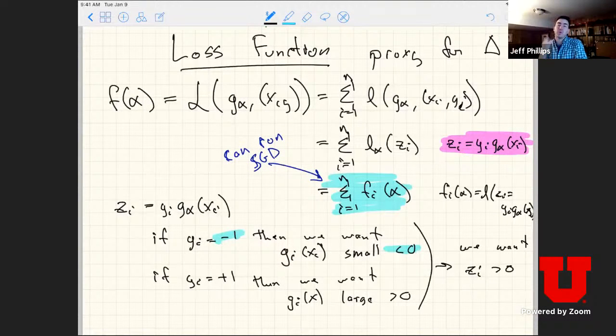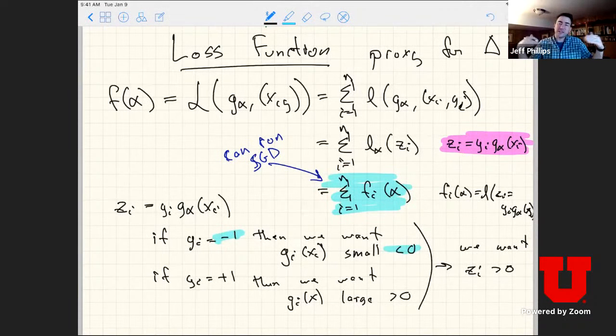If yi was negative, then we wanted g of xi to be negative, but then we want the product of them to be positive, right? So this factors both of these things in. And if yi is +1 and we want g to be positive, positive times positive is positive, right?